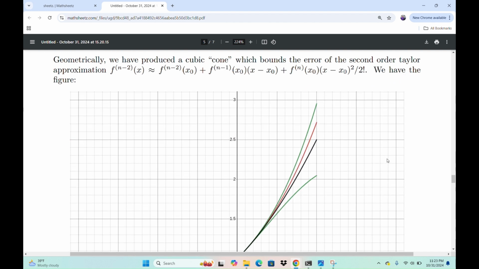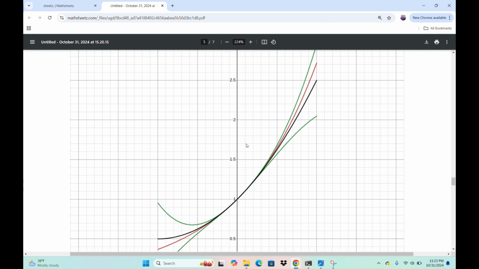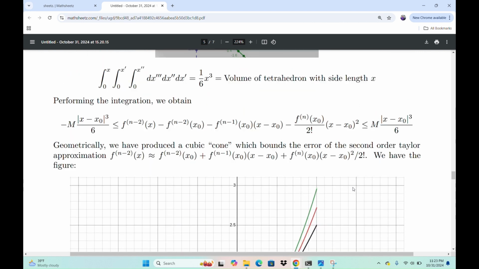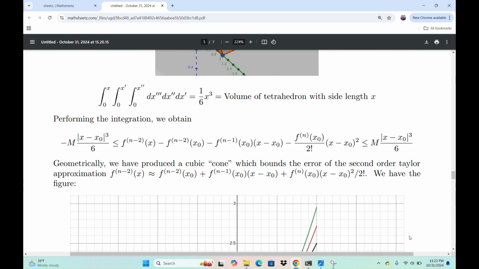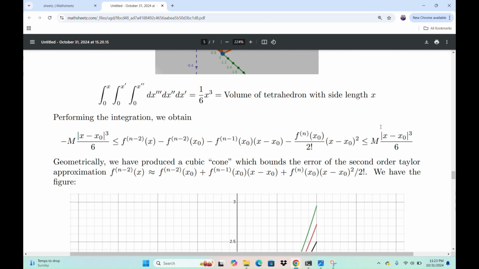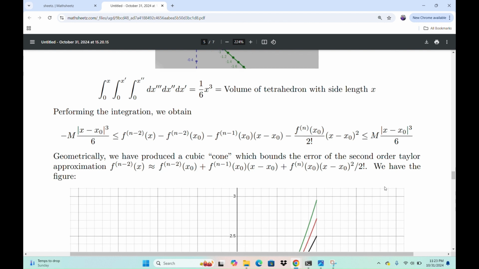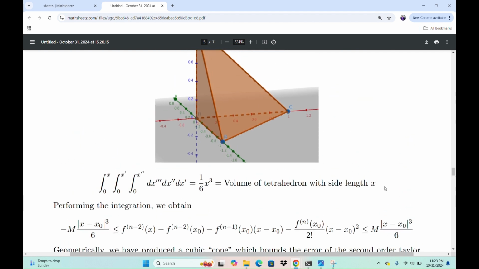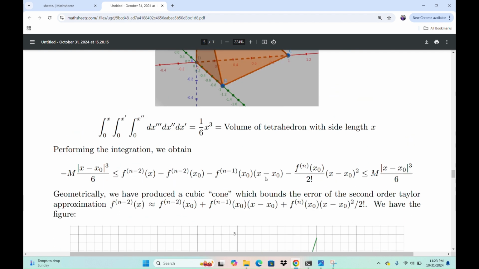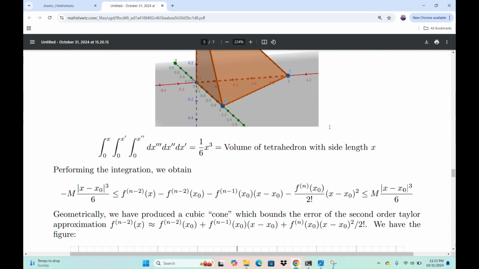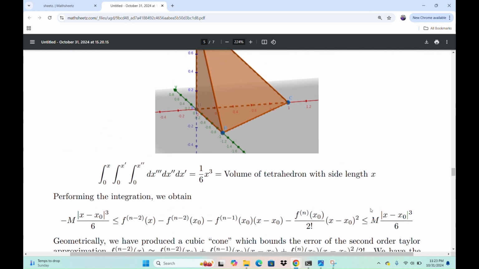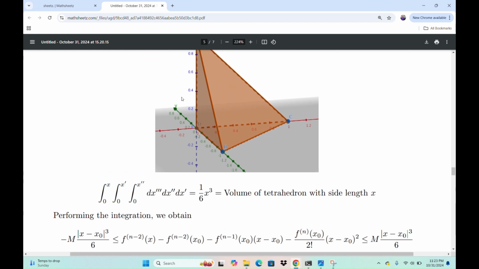All right, and you can just keep repeating this process. You can keep integrating this inequality here, and your error cone is going to collapse down, basically because of the fact that for a fixed point x, if I fix the side length x minus x naught, then this error is exactly the volume of a tetrahedron in n-dimensional space, and that volume is going to go to 0 as n goes to infinity.